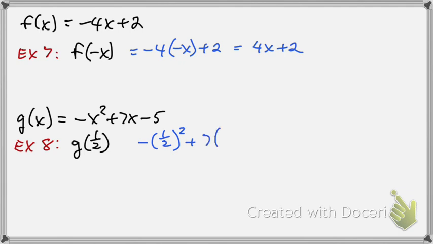Plus 7 times a half minus 5. All right, I know 1/2 times 1/2 is 1/4, so I've got minus a 1/4. 7 times a half, just multiply that whole number times the numerator. Because really this is 7 over 1, right? So it'd be 7 times 1, 1 times 2. Minus 5 over 1.